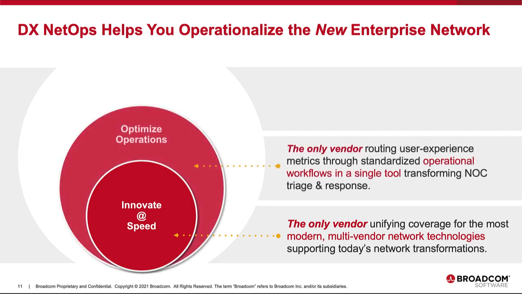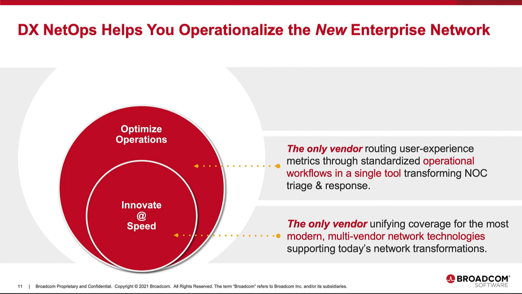And then being able to understand network path and the entire end-to-end network delivery along with network device performance data, so marrying that information. This enables us to route user experience metrics from AppNeta through our customers' standardized operating procedures and workflows in a single tool.